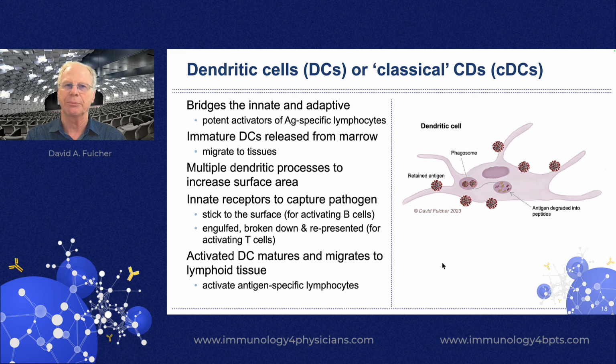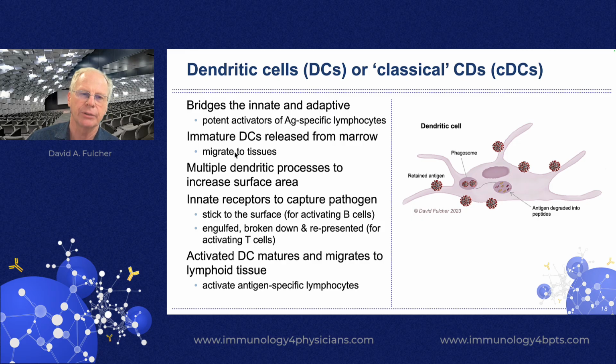They're all called by their prefix. If you see dendritic cells, we're talking about classical dendritic cells in most cases. But the claim to fame of dendritic cells is they're really important in activating the adaptive immune response. So they are activated by innate signals, but they mediate adaptive immune responses.